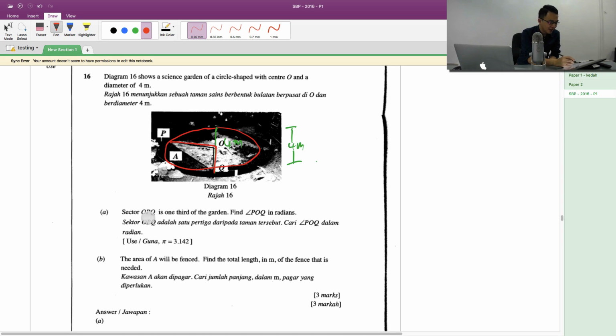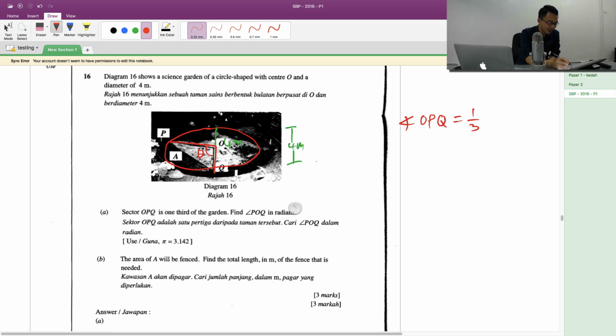The sector OPQ is 1/3 of the garden, and the garden is a whole circle. So the angle here is 1/3 of the circle.